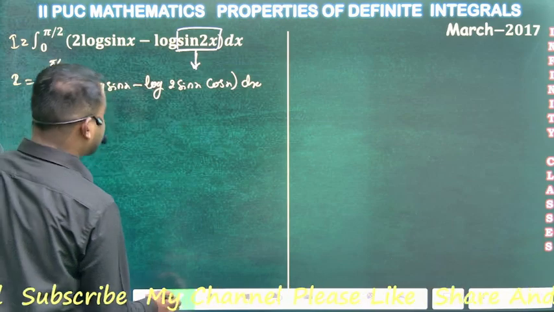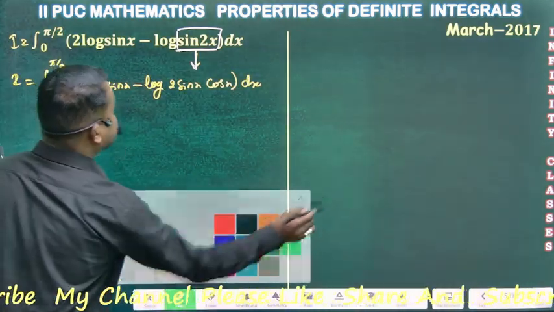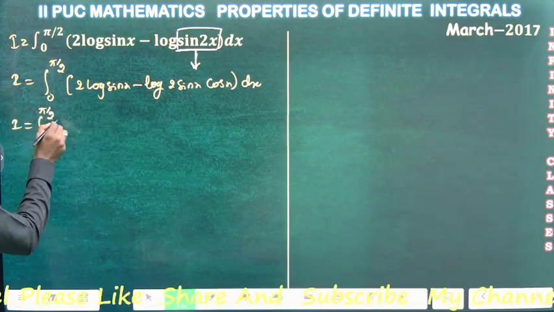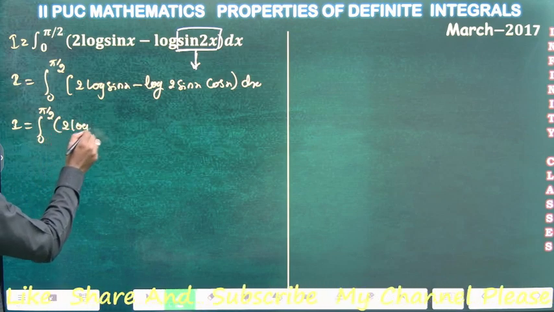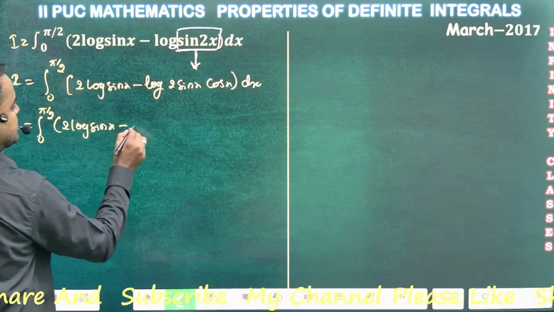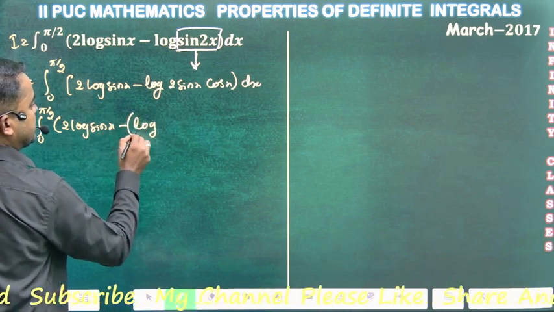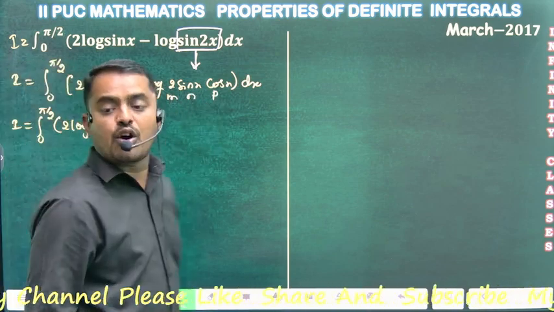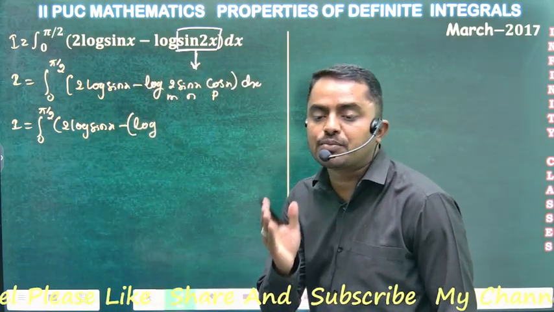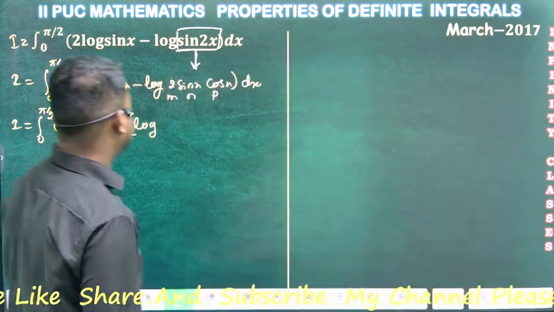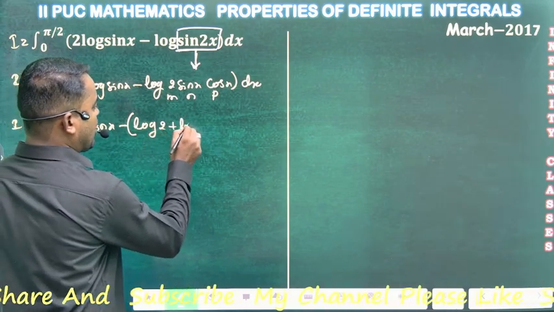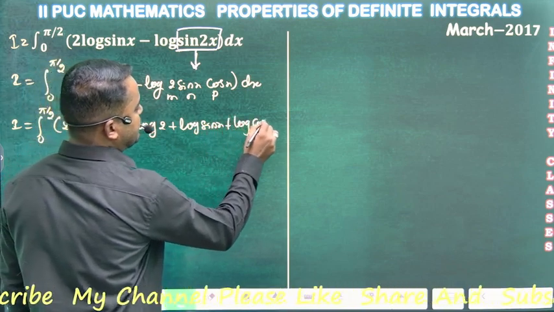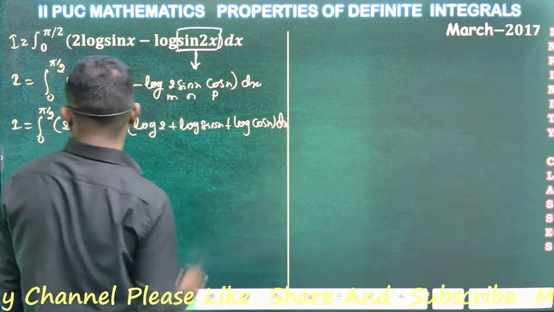So after that, applying the property of logarithm, I is equal to the integral from 0 to 5 by 2 of 2 log sin x minus log, here log m into n into p can be written as log m plus log n plus log p. So that is log 2 plus log sin x plus log cos x dx.